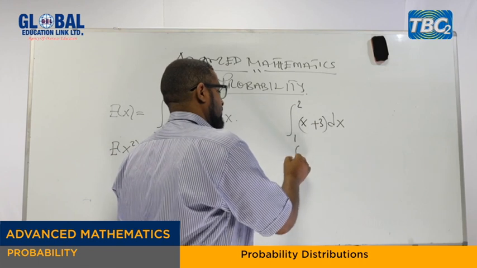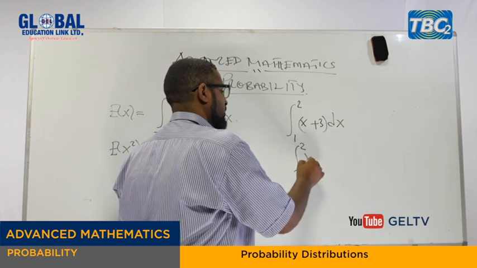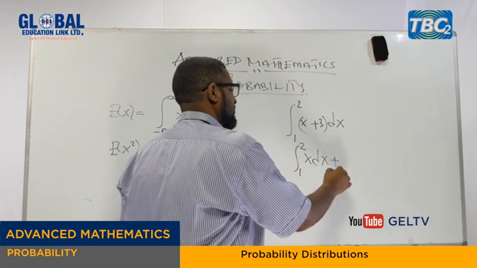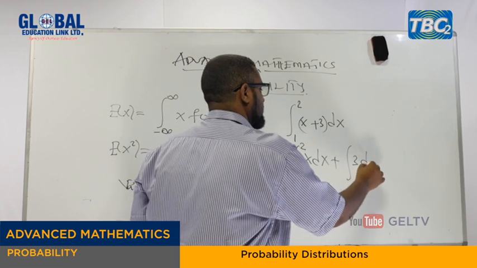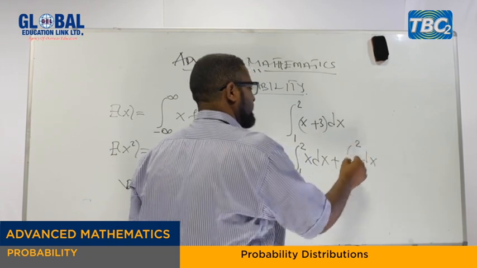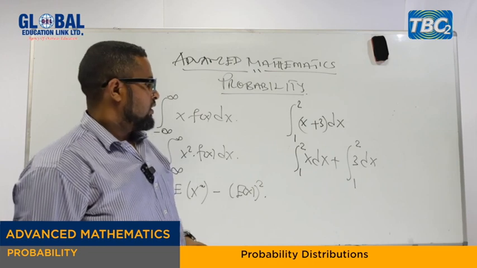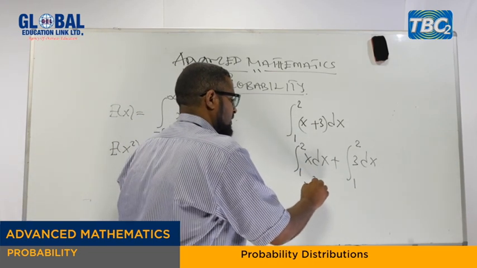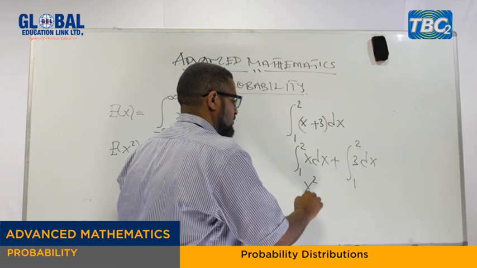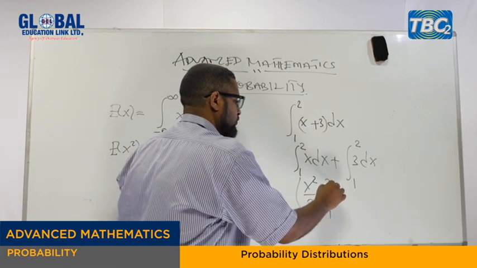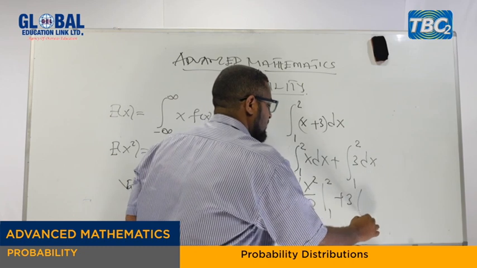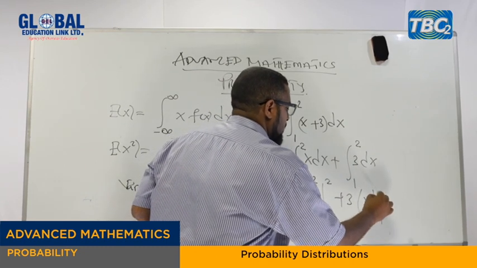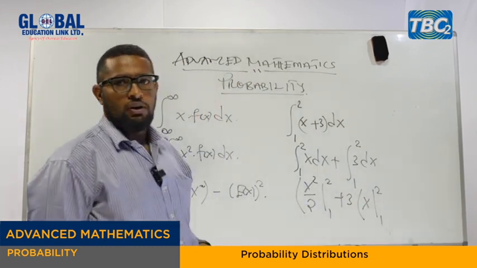So 1 to 2 of x dx plus 3 dx from 1 to 2. As you know, when you integrate, this one becomes x squared over 2, from 1 to 2, plus 3x from 1 to 2.